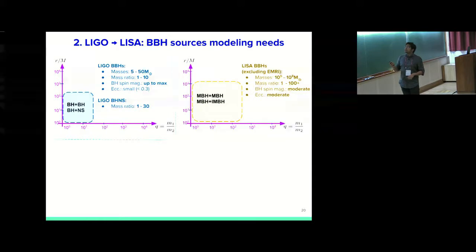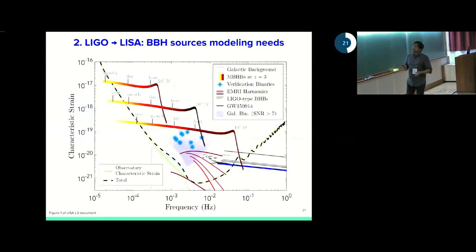And while they're not expected to have very extremal spins, they can still have moderate spins and definitely can have eccentric orbits. In fact, these supermassive black hole mergers will be the loudest signals in data, and they will stay in band for LISA for hours to days, to maybe a month.